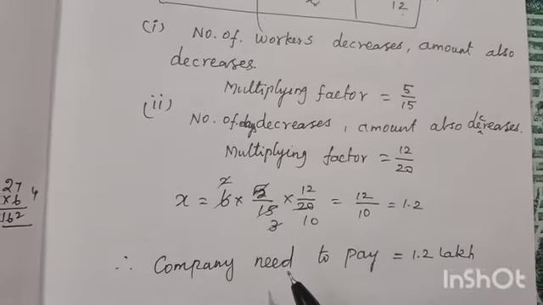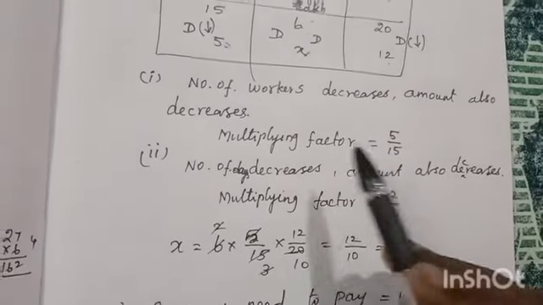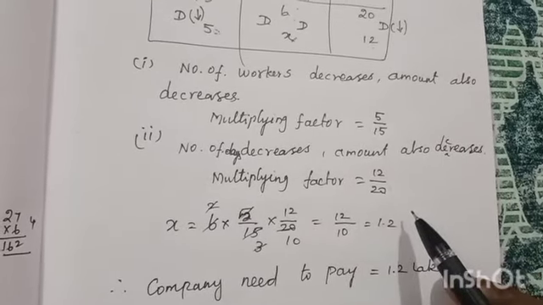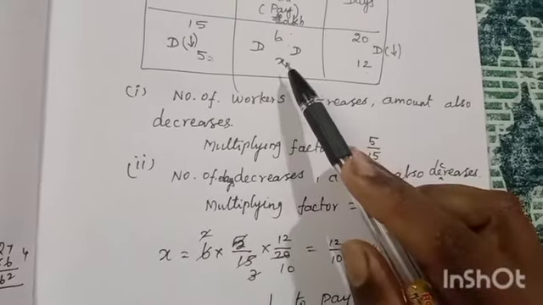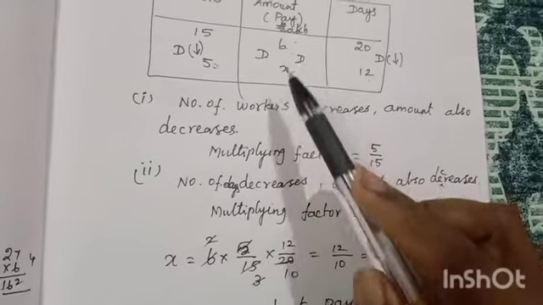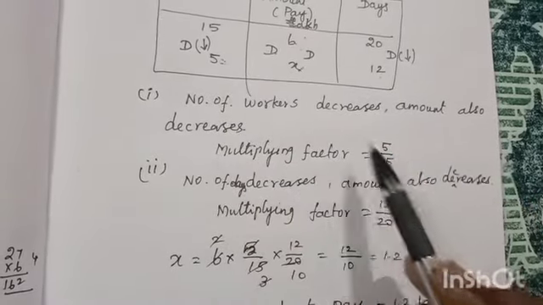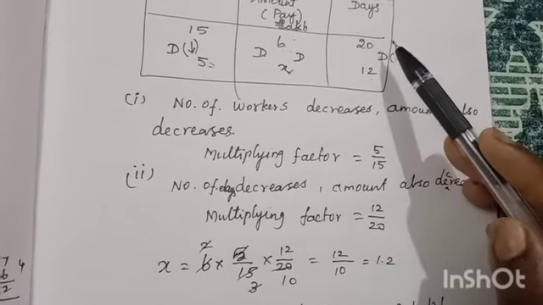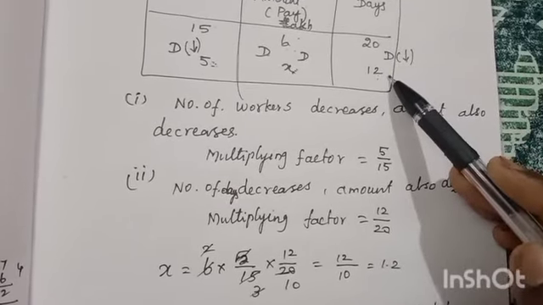Okay, then finally after finding these two steps you have to combine the multiplying factors. The unknown value x is equal to 6 into the first step multiplying factor 5 by 15, into the second step multiplying factor 12 by 20.